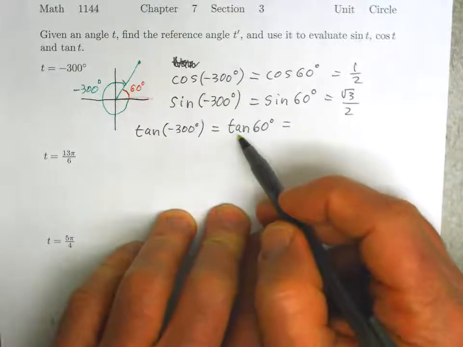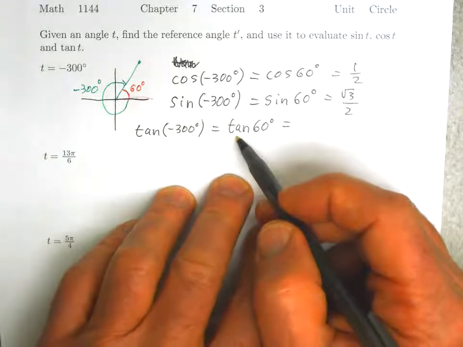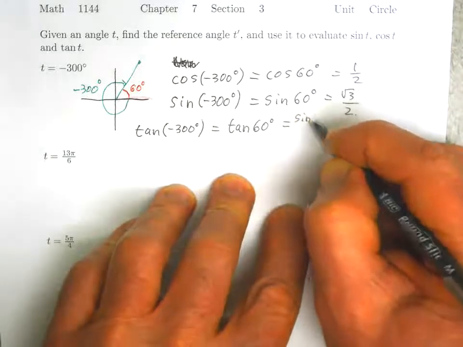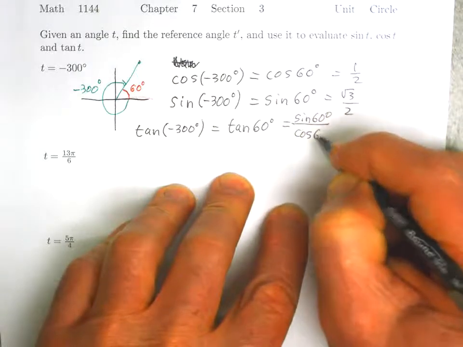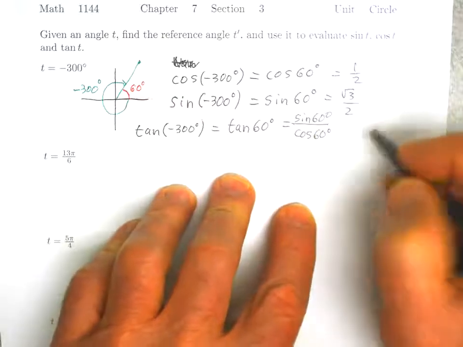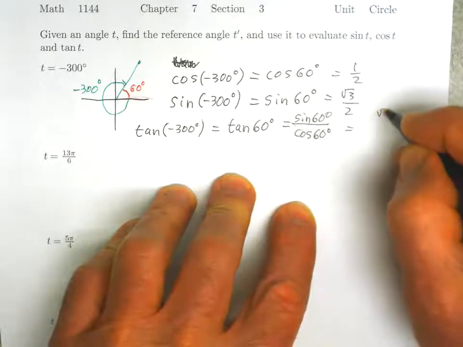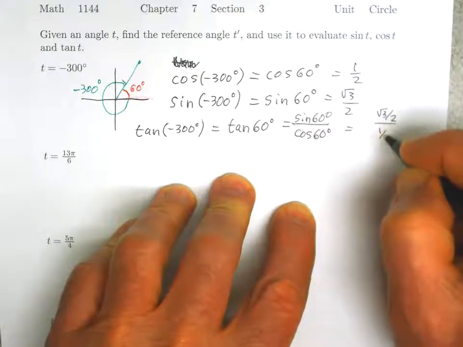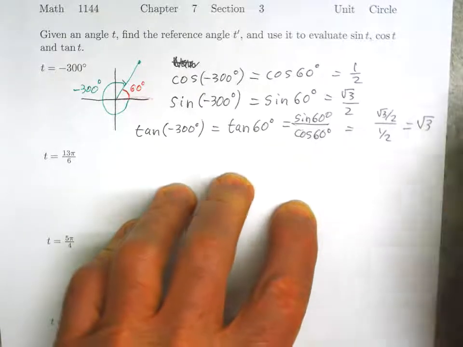So we're eventually going to get into the fact that the tangent of 60 is equal to the sine of 60 divided by cosine of 60. So we might as well do that now. Sine of 60 is the square root of 3/2. Cosine of 60 degrees is 1/2. And then this will simplify to the square root of 3.